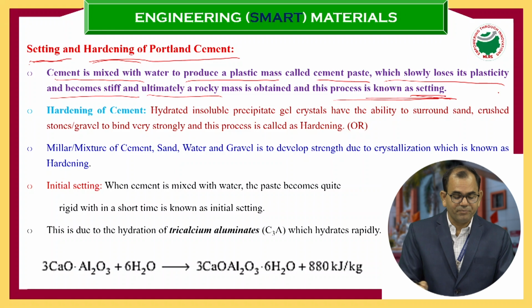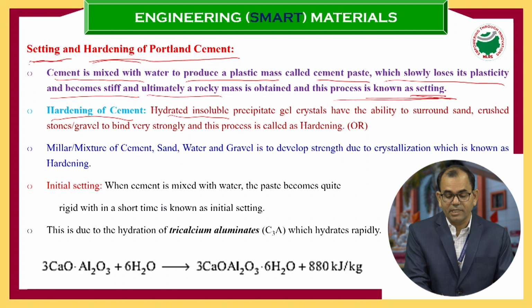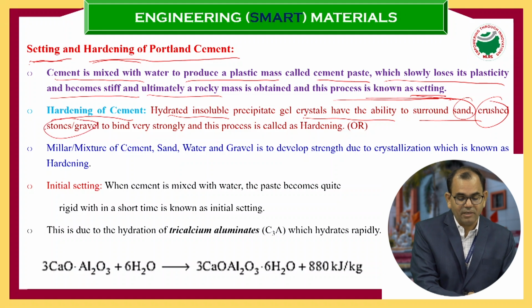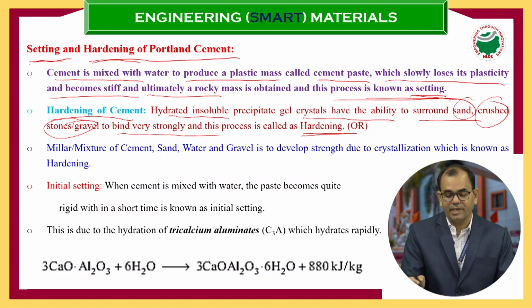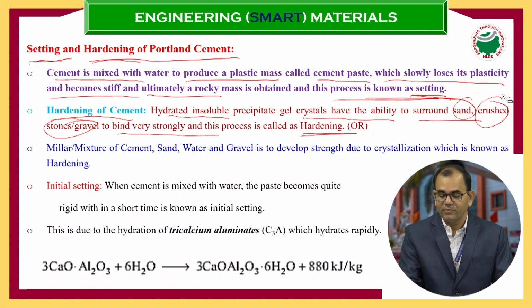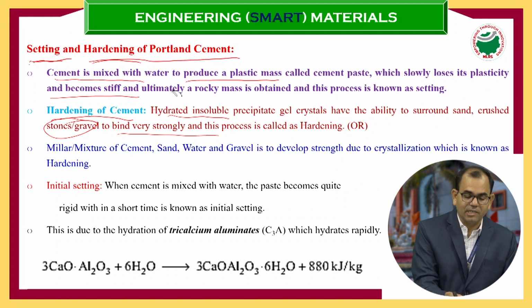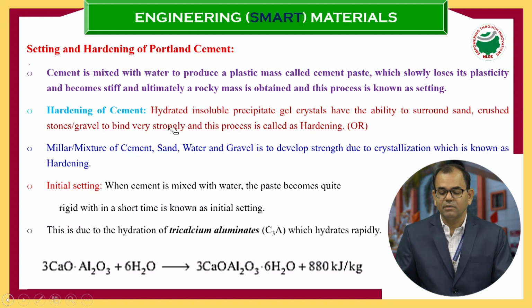Now, hardening of cement: hydrated insoluble precipitate gel crystals have the ability to surround sand and crushed stones, or gravel, and bind very strongly. This process is called hardening. A mixture of cement, water, gravel and sand leads to a plastic mass, which ultimately becomes hard concrete.